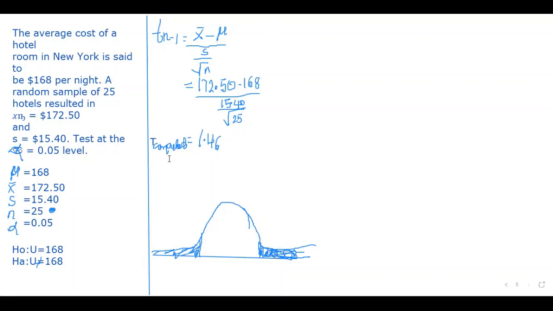And let's then solve the T critical. How do you solve the T critical? We said the alpha value is what? 0.05. Under normal circumstances, you search for the 0.05 in the Z table, and we compare it with the T computed.